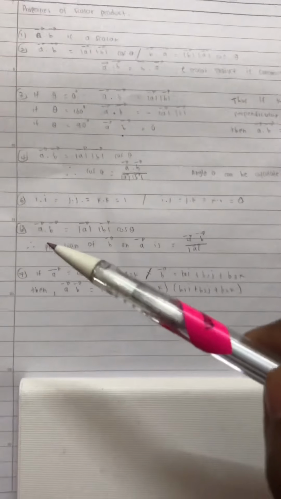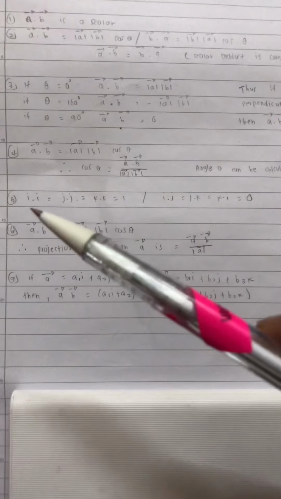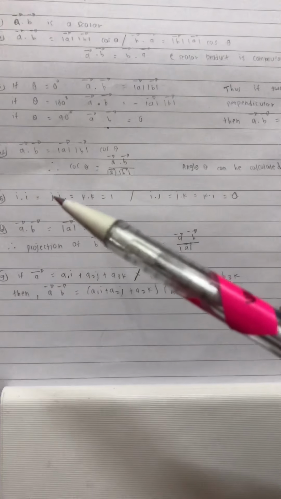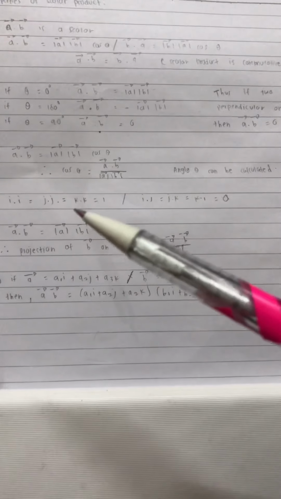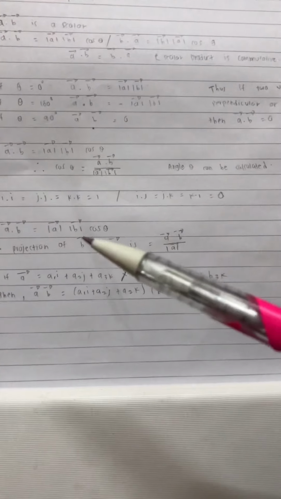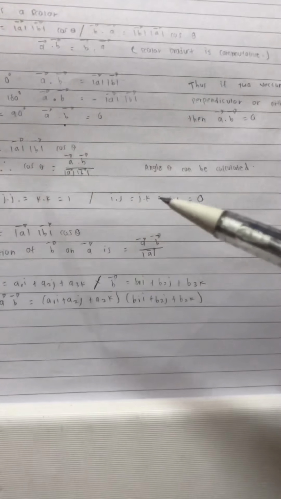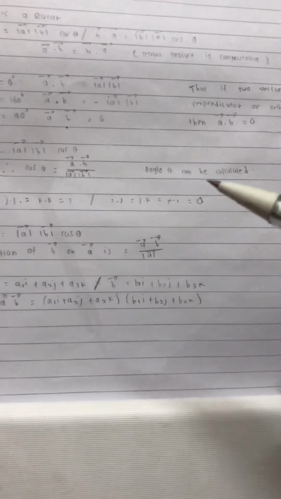The fifth property is i dot i equals j dot j equals k dot k equals 1, but i dot j equals j dot k equals k dot i is 0.